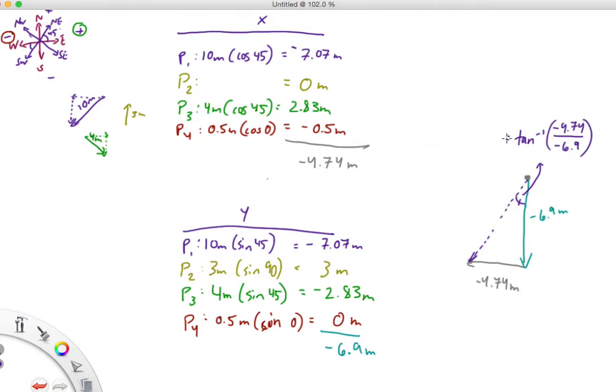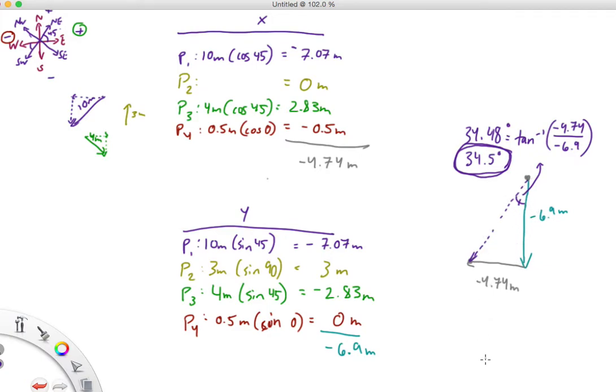Our angle is going to be 34.48 degrees. 3 sig figs, 34.5 degrees. Been kind of loose with sig figs. The main point with this is keeping the directions straight and the numbers straight and the trig functions straight. I care very little about your sig figs if you're getting this correct, but keep track of your sig figs. Okay, that's our angle, but I want to figure out what the length is right here.